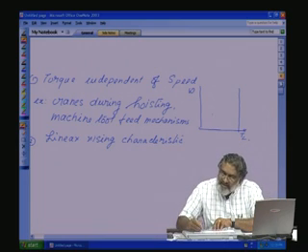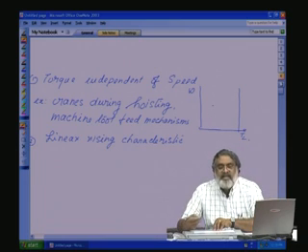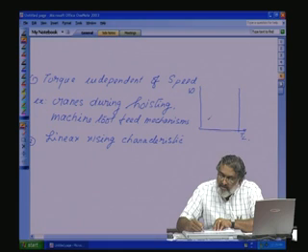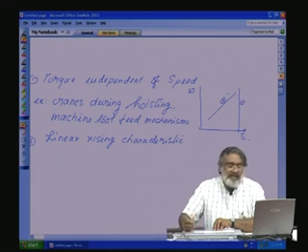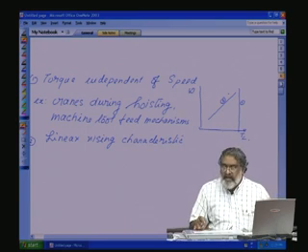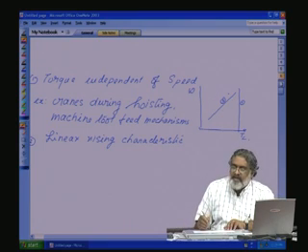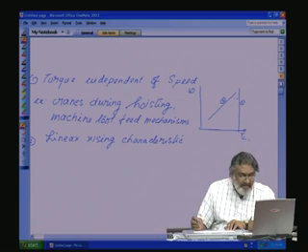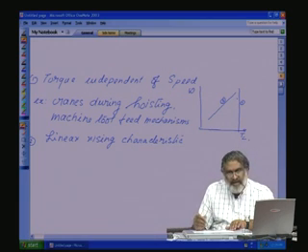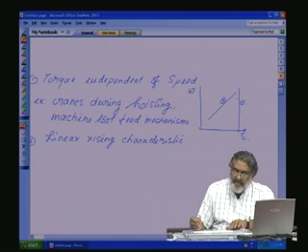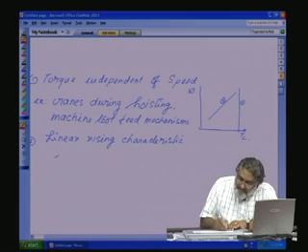That means whenever the speed changes, torque will also change proportionally. This is our second example. The torque speed characteristic for a linearly rising load torque is like this. What is the example? Let us take a separately excited DC generator connected to a load of constant ohmic resistance. That is the example.